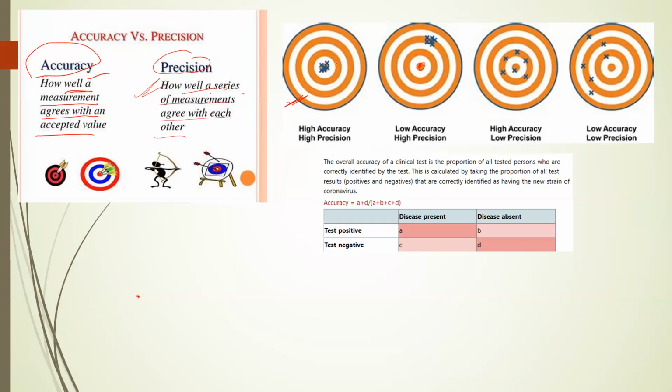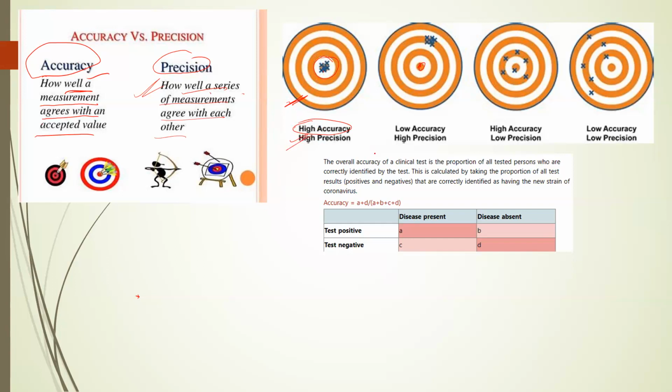And also, with respect to each other, all the values are clustered around the bullseye. So because each value is closer to the accepted value, the accuracy is high, and because all the values are clustered, the precision is high.